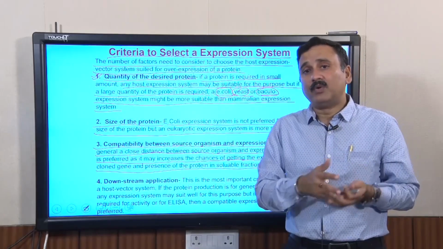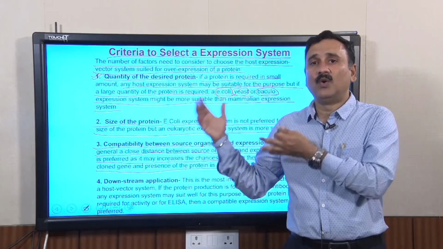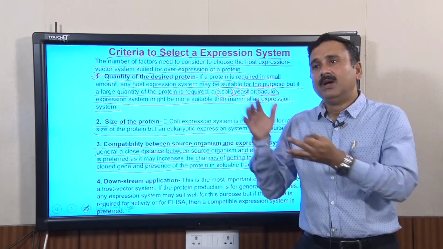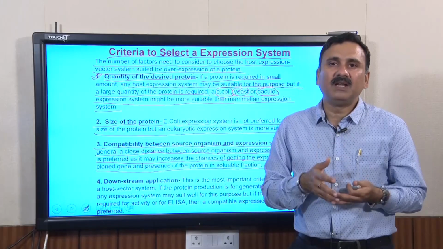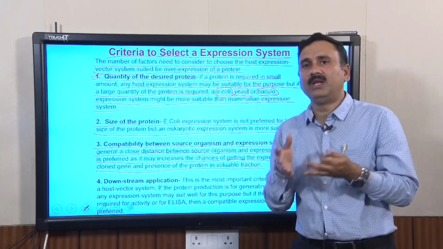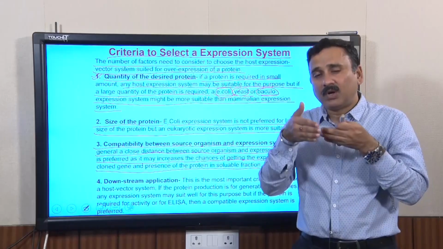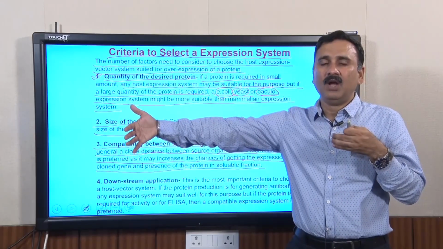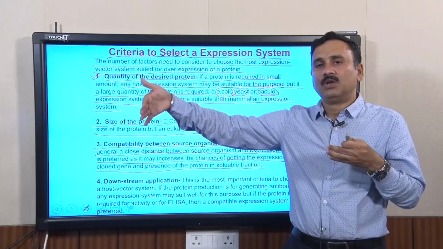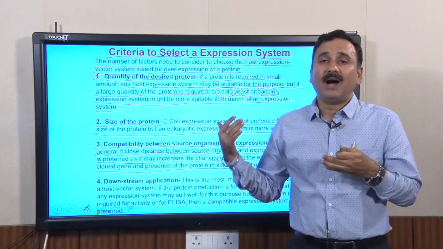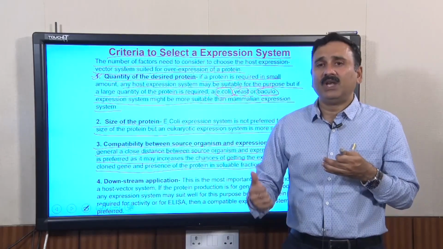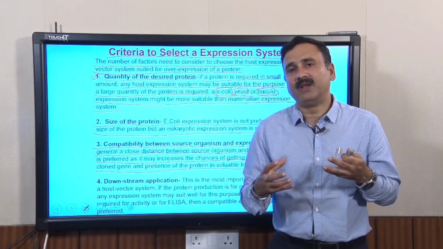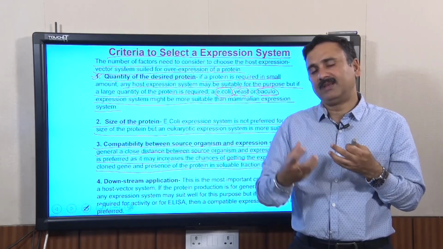But suppose you want to overexpress actin from rabbit, then you might face difficulties overexpressing this kind of protein in the E. coli expression system, because the distance between a bacterium and a mammalian organism is very large. So, there are chances that these proteins either may not overexpress, or if they do, the folding system may not exist in the E. coli system.